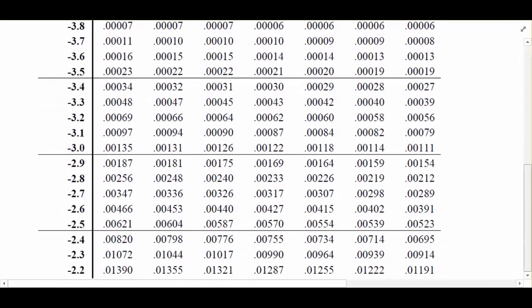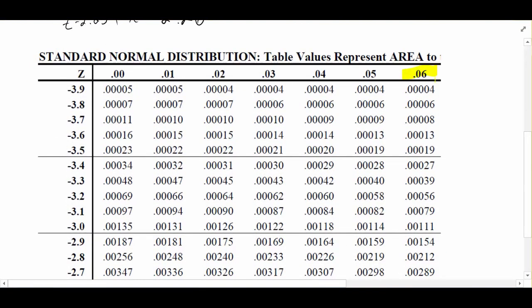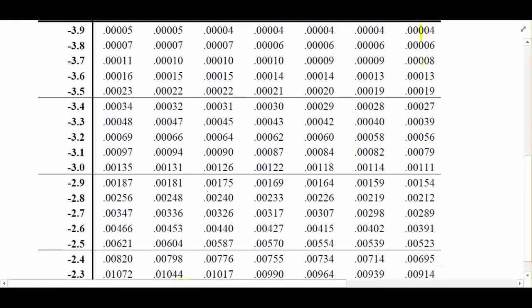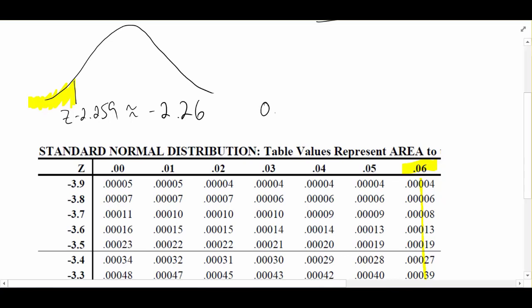So we're going to come down to the negative 2.2 area, and then come back up to the 0.06 and come down and see where those meet. And we can see that they meet here at 0.01191. And so this is the percentage or probability of getting that negative 2.26 or less.